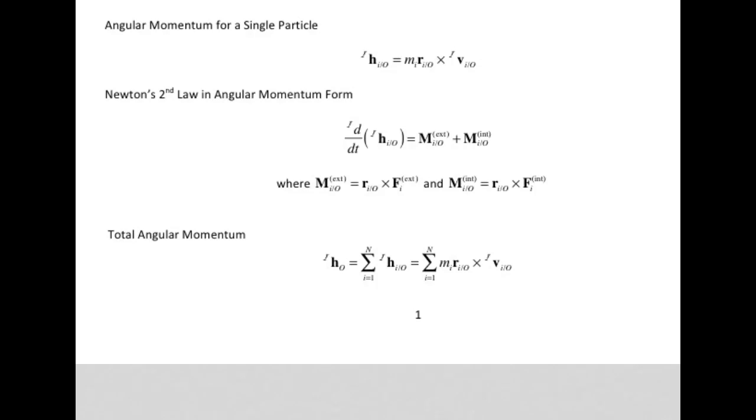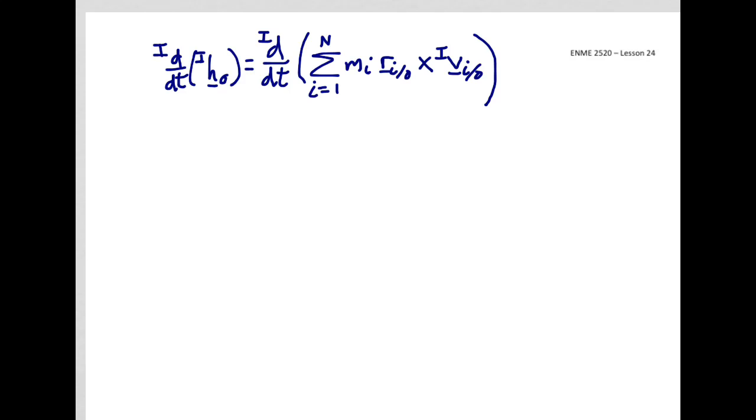So now that we've defined our total angular momentum, to make this useful for our dynamic systems, we need to take the time derivative of it. So the time derivative of our total angular momentum, and then we'll just put our entire expression within this. When we take this time derivative, let's pull our summation out.